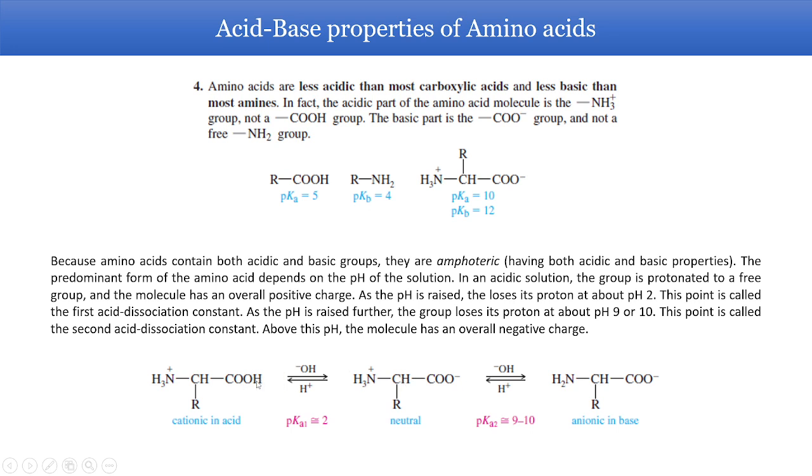So first the hydrogen from the COOH group is lost. That is your first acid dissociation constant, and then the hydrogen is lost from the NH3 plus group, and that makes the amino acid anionic in nature. So previously it was cationic, positively charged, and then after losing the two hydrogens it becomes anionic in nature.